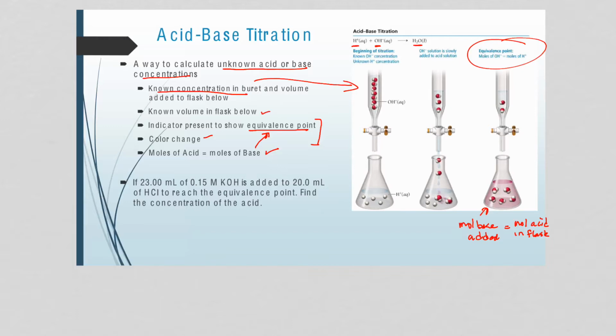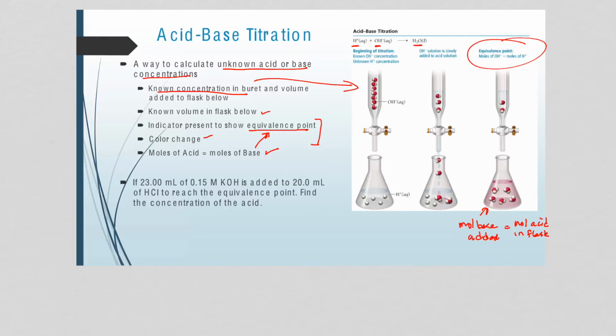Find the concentration of the acid. This problem looks similar to the solution stoichiometry problems we had, where we had one reactant and wanted to figure out the volume of the other reactant we would need to react with it. Well, we can use a similar type of setup here.